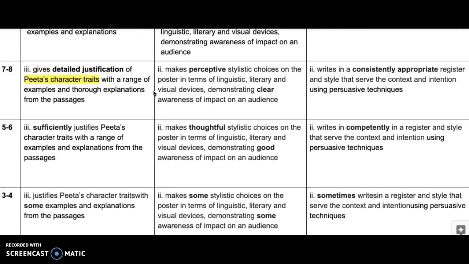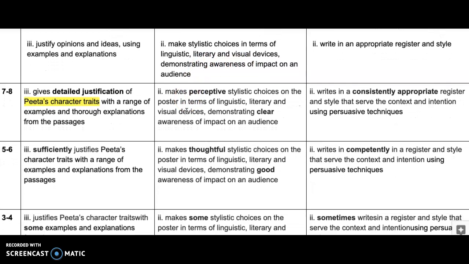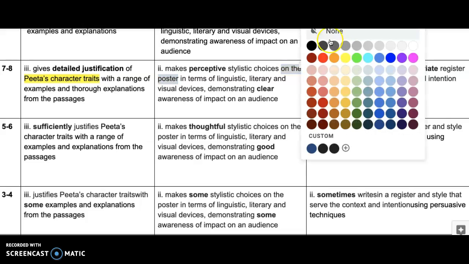Now let's look at the second criteria, C, producing text. Make stylistic choices in terms of linguistic, literary, and visual devices, demonstrating awareness of impact on the audience. The highest level again is 7, 8, and that would be makes perceptive stylistic choices. And this is on the poster, so this is the visual part of it.